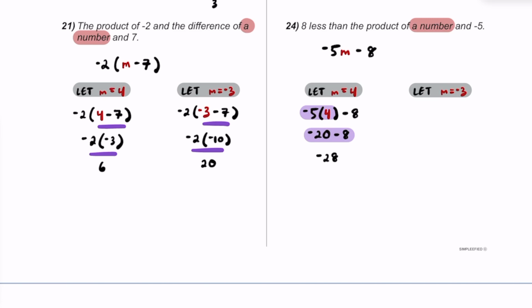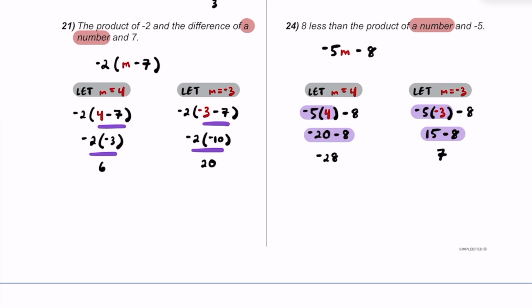All right, now what if m is negative 3? If m is negative 3, let's just rewrite the expression, but swap out negative 3 instead of the 4 there. So it's negative 5 times negative 3 and then minus 8. And then negative 5 times negative 3, that's going to be positive 15. So positive 15 minus 8, that's just going to be equal to positive 7.